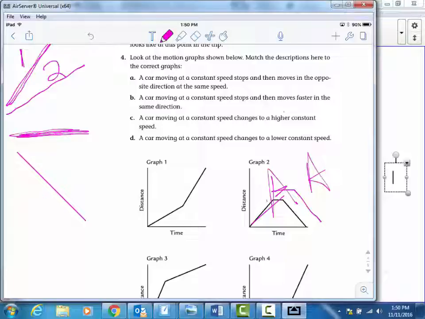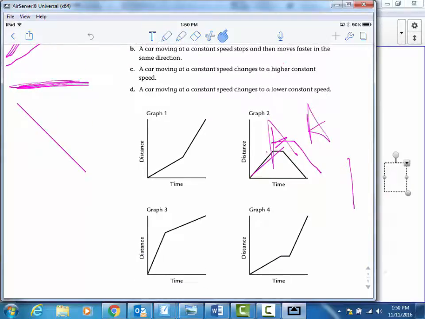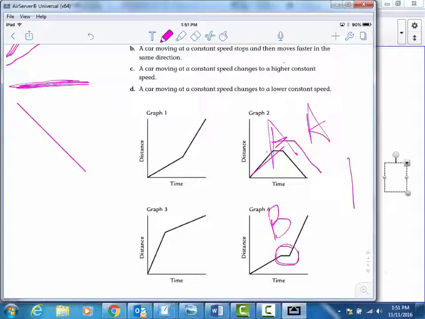A car moving at a constant speed stops and then moves faster in the same direction. So it moves at a constant speed, it stops, then it moves faster in the same direction. Drew? Graph 4. Yes, graph 4. Perfect. And the way you know that is because you see that stop right there.